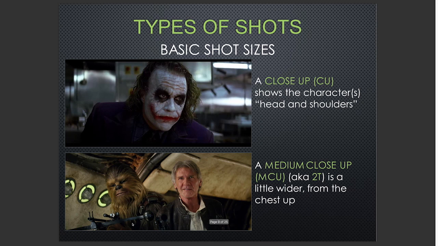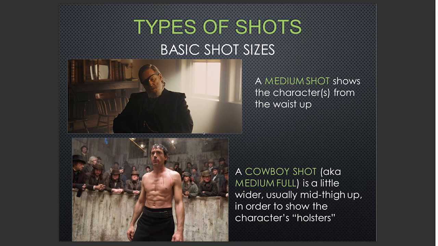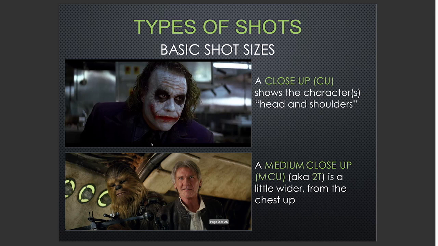So we have the close-up. Of course everybody should know what the close-up is. It's something we've been doing for a while, but a twist on that is the medium close-up. So I'm going to go back to this one. Just like this cowboy shot or medium full shot is just a little looser than the average waist-up medium shot, the same thing applies to the medium close-up.